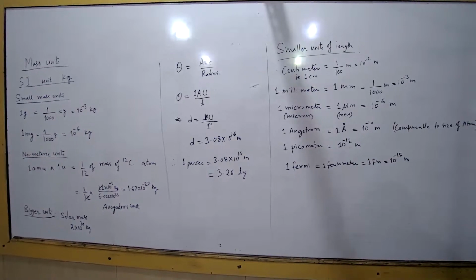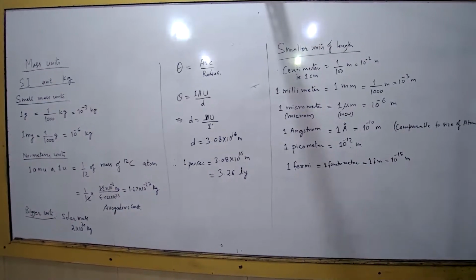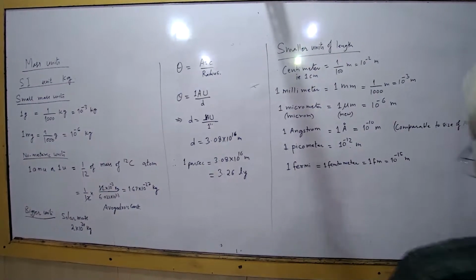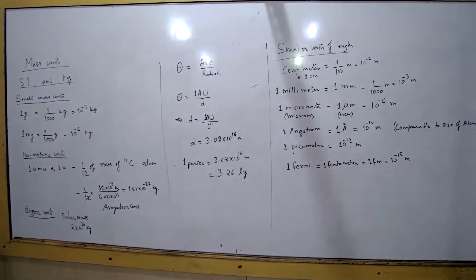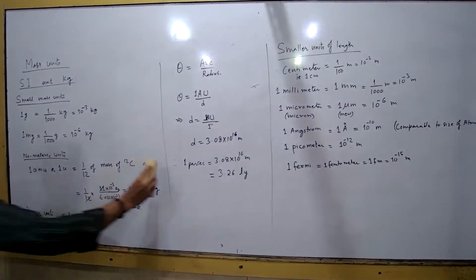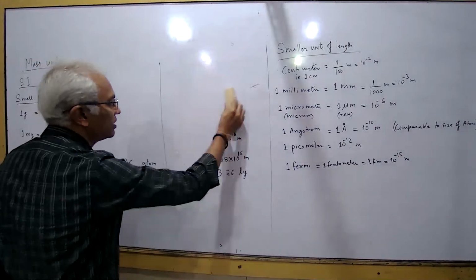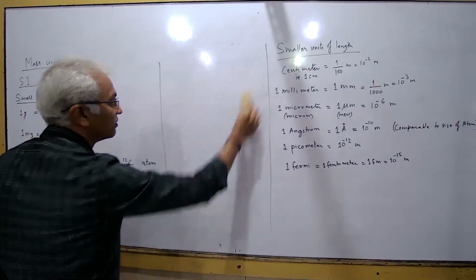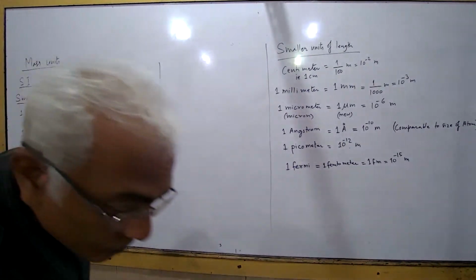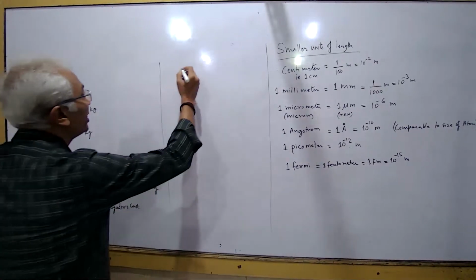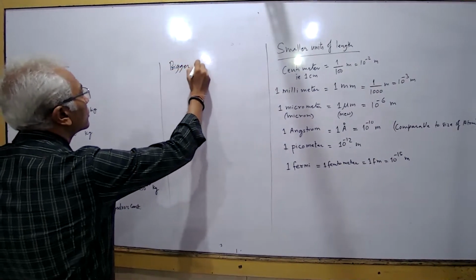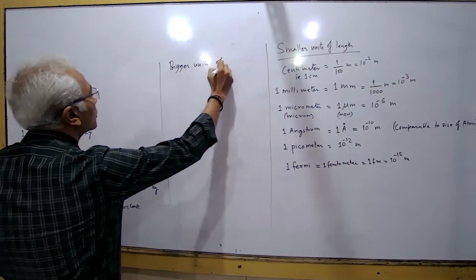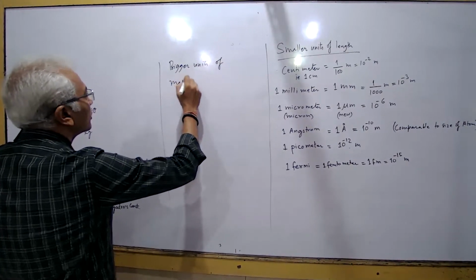Okay, so with this we have covered all the small units of mass. Let's do the bigger units of mass. The bigger units of mass are 100 kg and 1000 kg. 100 kg is called a quintal.